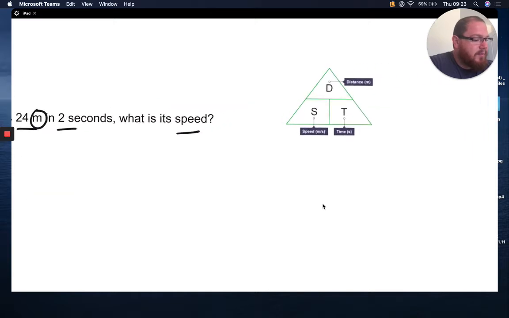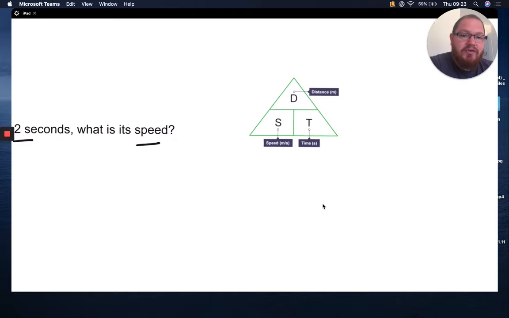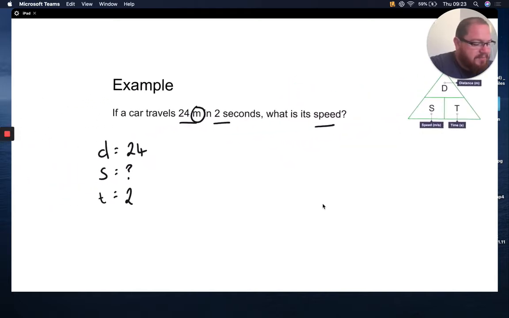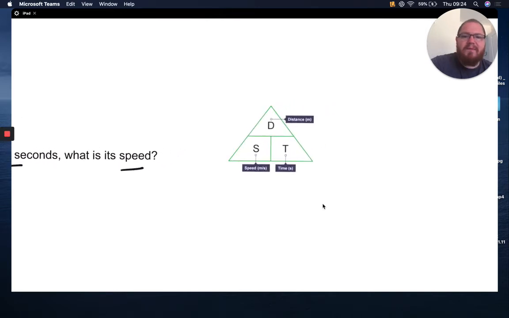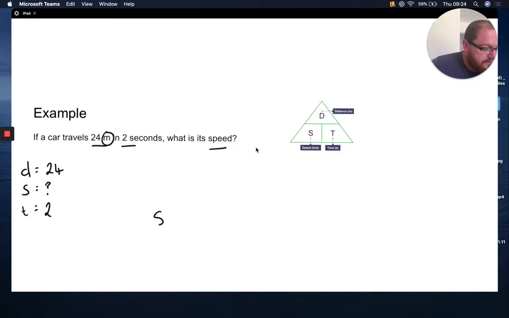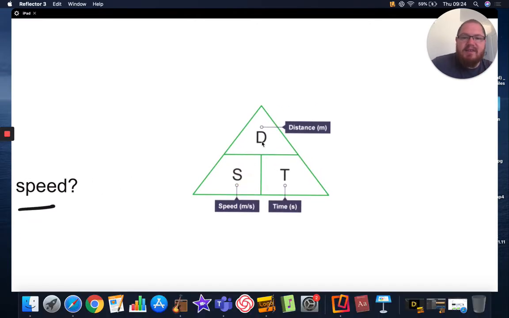Now I'm going to use my formula triangle to see what equation I need, because there's 3 equations really. Now I'm looking for speed. That is my unknown, so I'm going to actually put my finger, I know it's a mouse in this case, but I'm going to cover S. So I'm going to cover S equals something. Now in this case, can you see the distance is on top of time here.